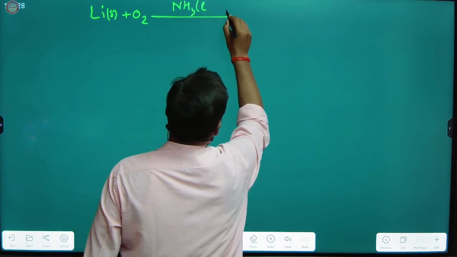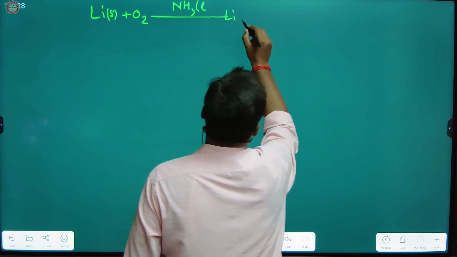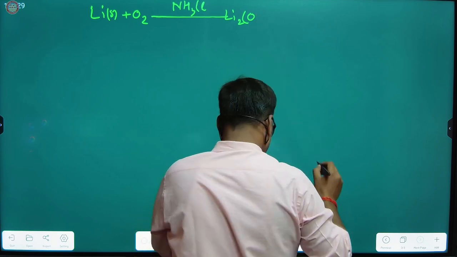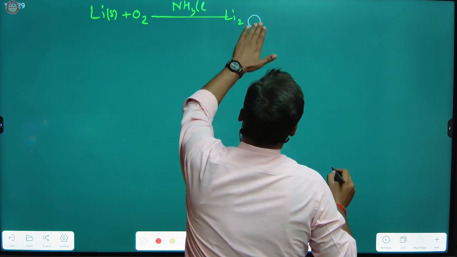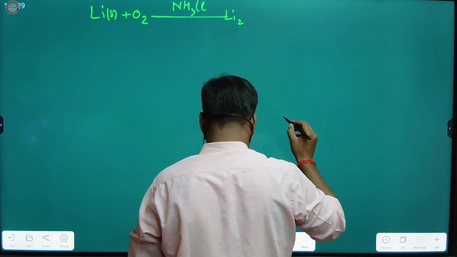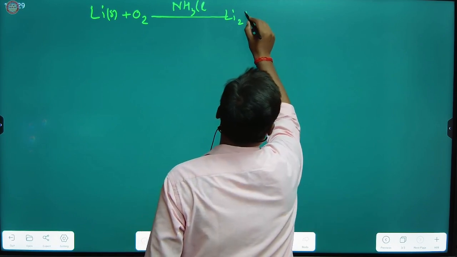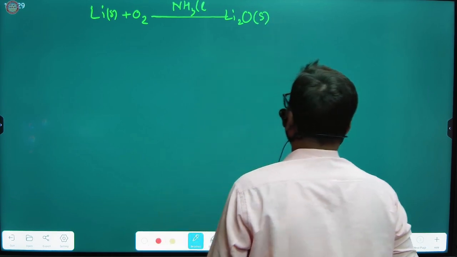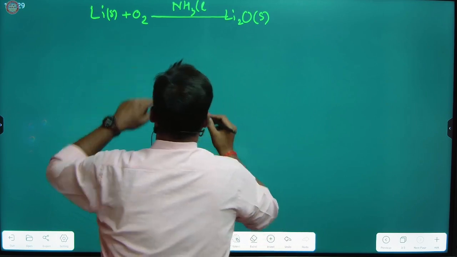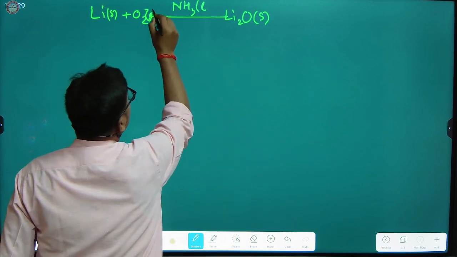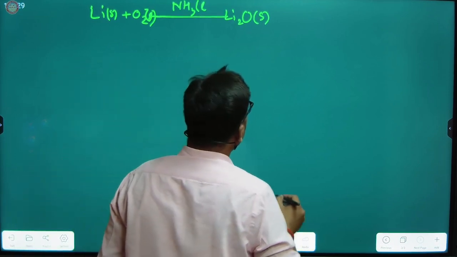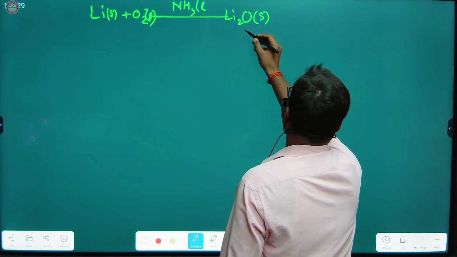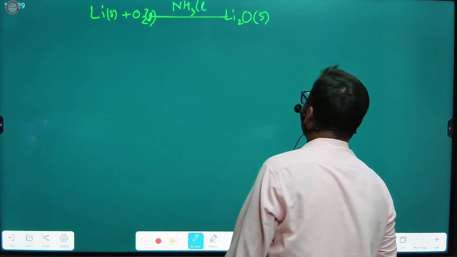So this forms Li2O. Li2O in the solid state, right? So here solid phase and gaseous phase react with oxygen gas, then result in the formation of lithium oxide in the solid phase.